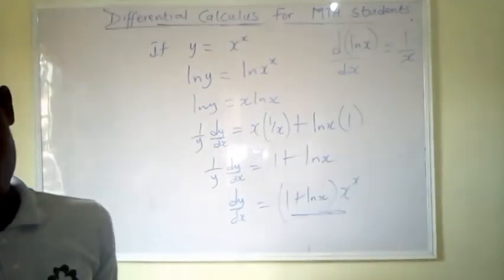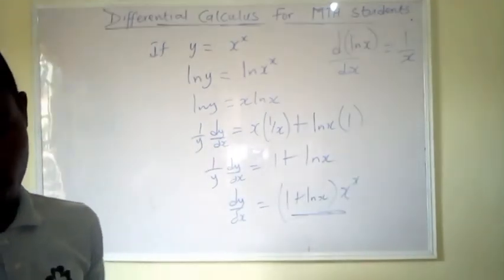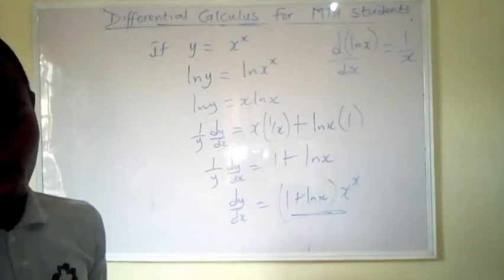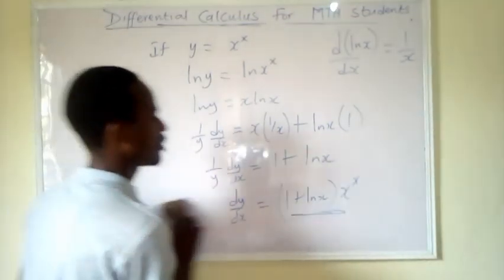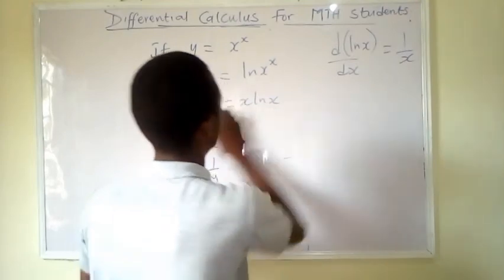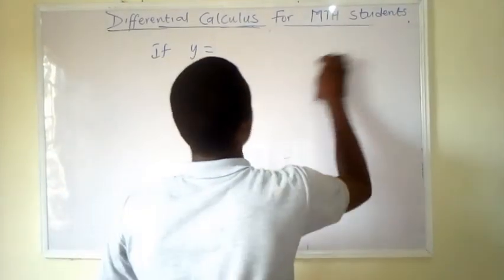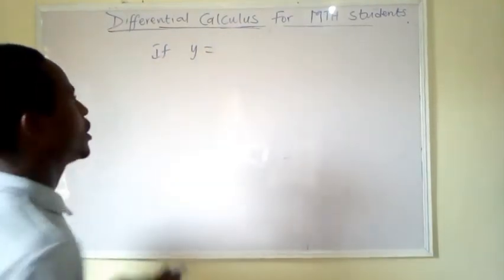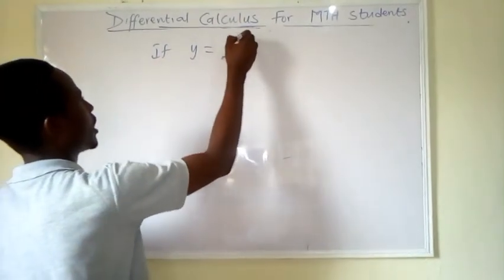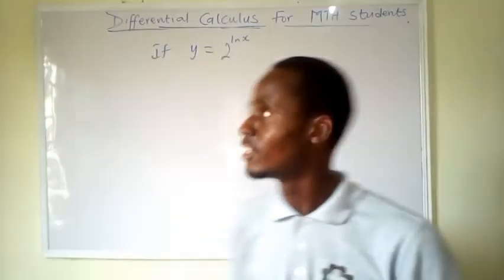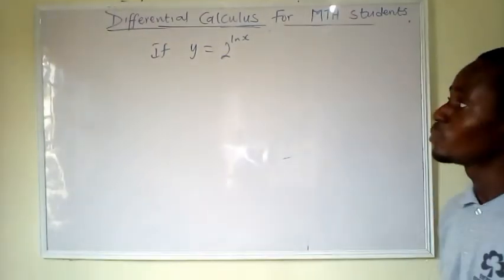So let's look at another question here that says we have y equals 2 raised to the power ln x. Y equals 2 raised to the power ln x. So how do we solve this? I think we use the same approach.